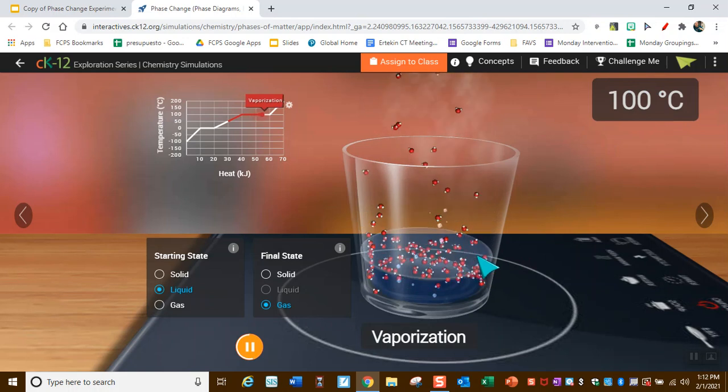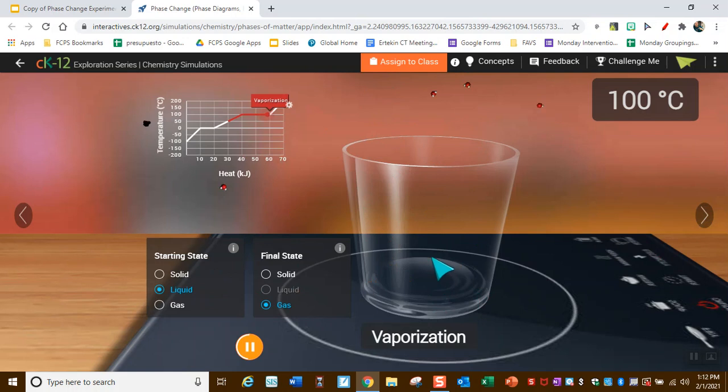Oh, the water is decreasing in level. The water's all gone almost. Now it's going up. Oh, when it's going up, now it says gas. Wow, gas molecules move really fast. And look how hot it is. This is lit. Don't judge me.